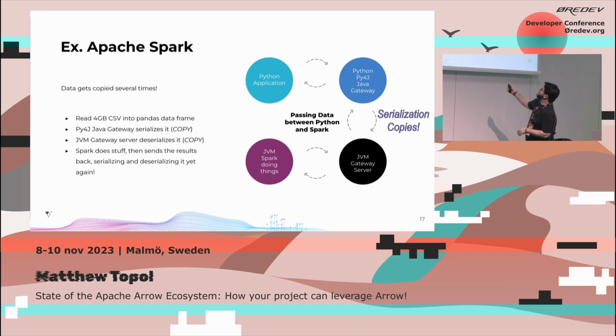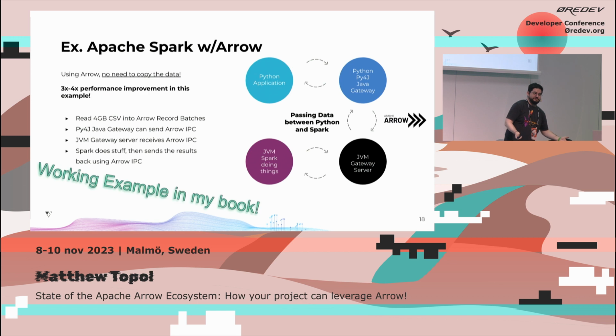Every time your data goes from Python to the JVM, it has to be serialized on one side, copying, sending it across, deserialized, copying again, processed, and go all the way back through. So you're copying the data, goes here, goes there, copy it, deserialize it again, go there.